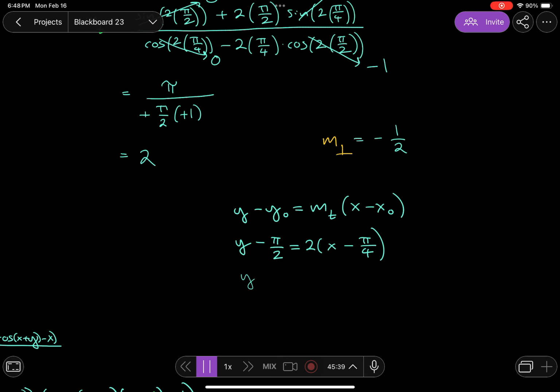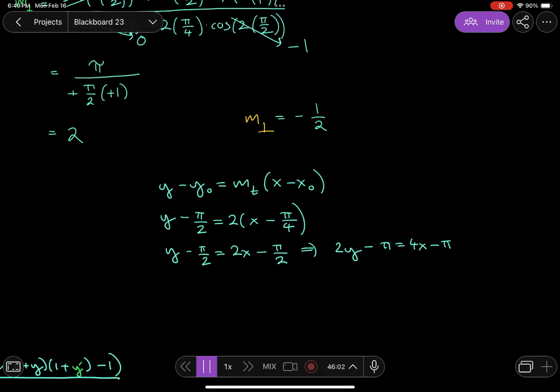Distributing, y minus pi halves is equal to 2x minus pi halves, multiplying by 2, it looks like we got 2y minus pi is equal to 4x minus pi.